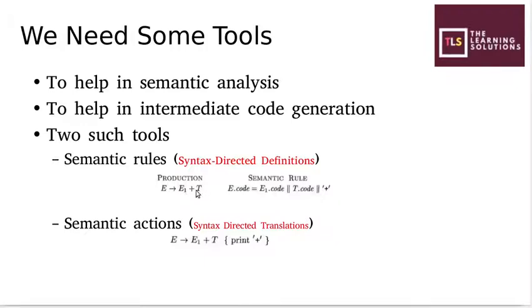E1 and T have some attributes, let us say some code attribute, and we will get the addition of that, and we will achieve the value of the attribute of E. In this way we apply semantic rules in the SDD, while in the SDT, that is syntax directed translation, we have a grammar plus we apply some semantic actions to it.